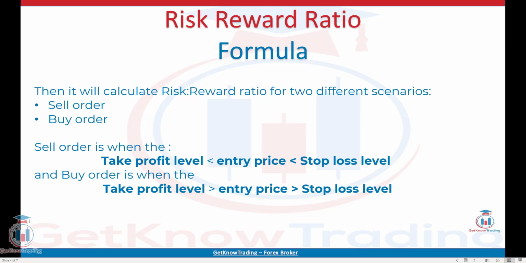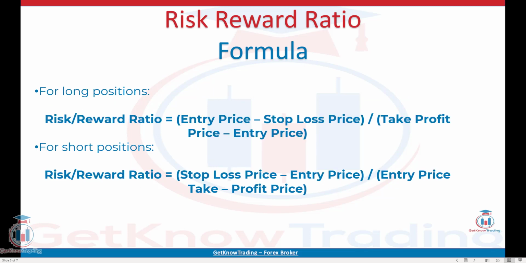So the sell order is when the take profit level is below the entry price and the stop loss is above the entry price. And the buy order is when the take profit level is above the entry price and the stop loss is below the entry price. So these are two cases for the risk reward calculator, because there will be different calculations in that.